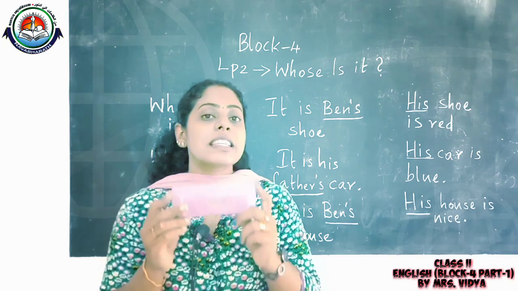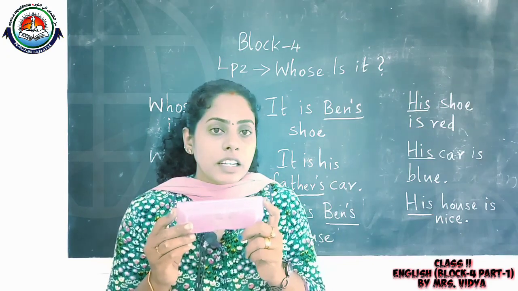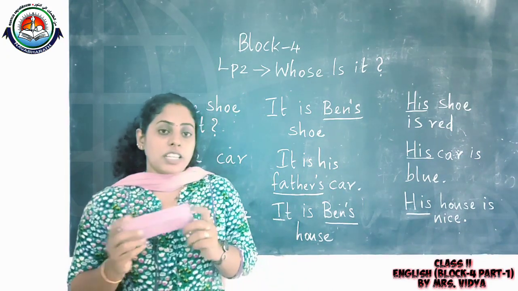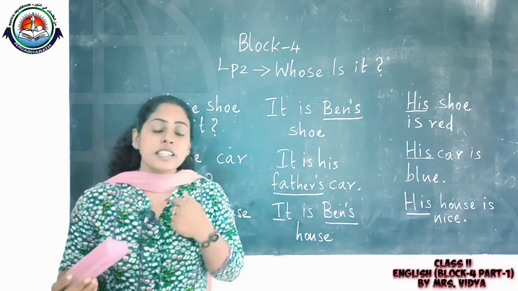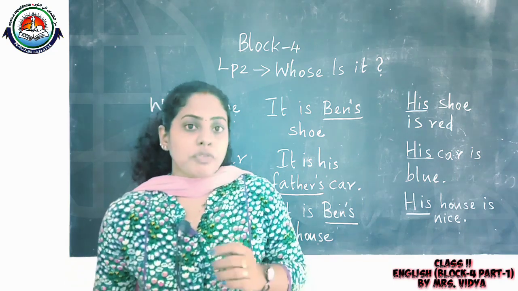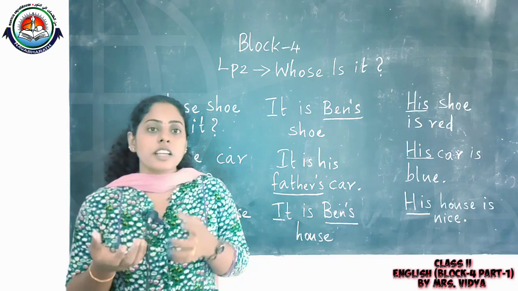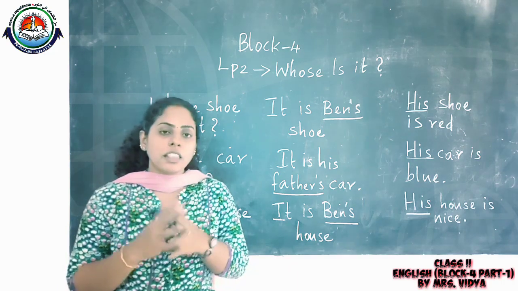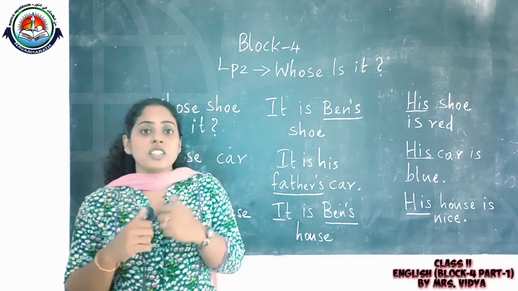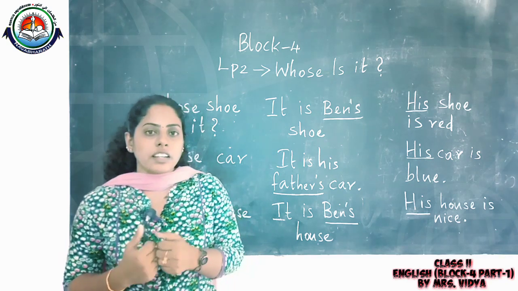Whose box is it? It is my box. Okay. Now, if we want to say the things that belong to us, we will say it is my. It is my watch. It is my bag. It is my pencil. It is my razor. Like that.